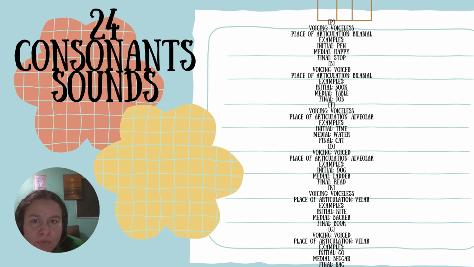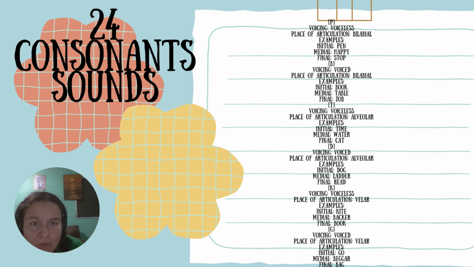Okay, first we're going to start with the consonant P, which is voiceless, and the place of articulation is bilabial. For example, in the initial position, we have pen, in the middle or medial, happy, and in the final, we have stop.